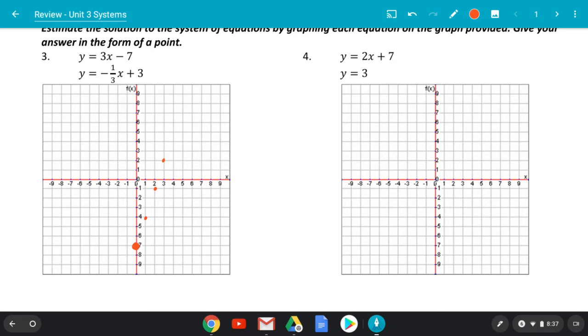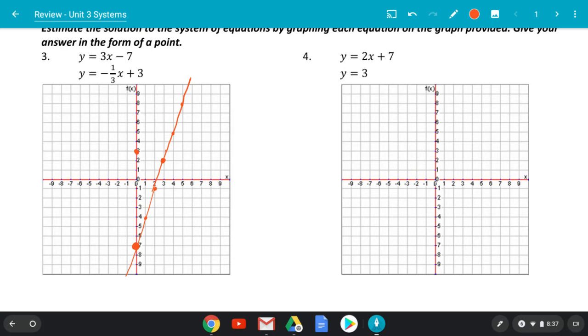For these, I like to keep going as far as I can because graphing is the least accurate method when doing it by hand. So I like to keep finding points, and a lot of times on these problems I get one of those points to intersect. Looking at my second equation, my y-intercept is 3, and my slope is negative 1/3, which means I go down 1 and over 3, and there it just happened.